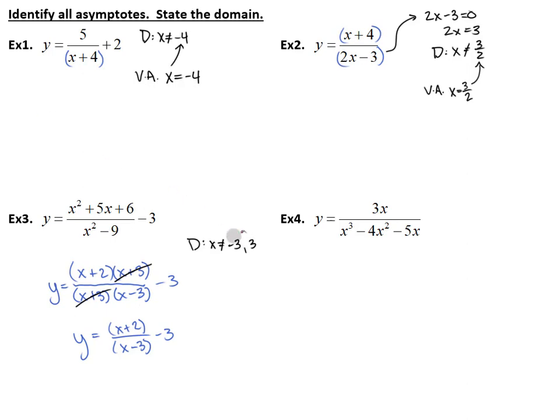Okay, which is nice. However, that also tells me something different. Instead of having 2 vertical asymptotes, which is possible, this one, the value here, remember the 0 from this would have been -3. That value, x equals -3, is a hole in the graph. It's not a vertical asymptote.